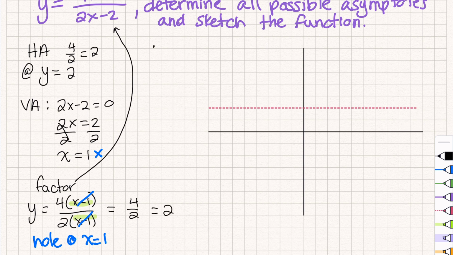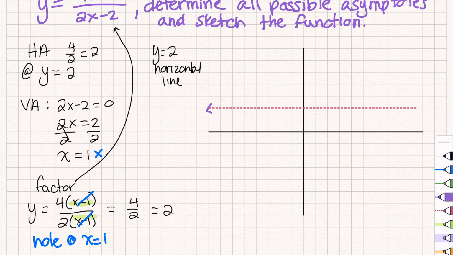So what does y equals 2 look like? That's a line. It's a horizontal line. If I were to plot this line, well, it actually occurs on the asymptote. So the line is going to trump the asymptote, but we also said there's a hole.